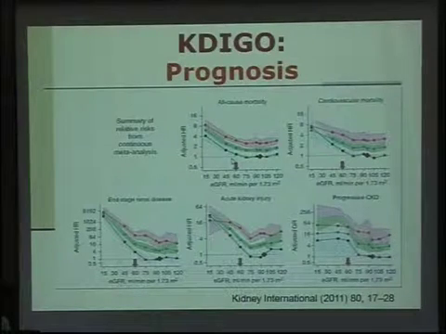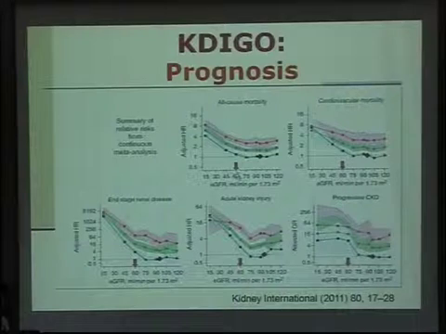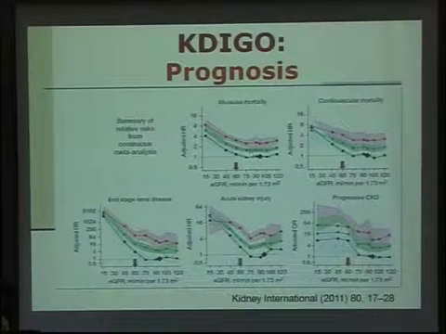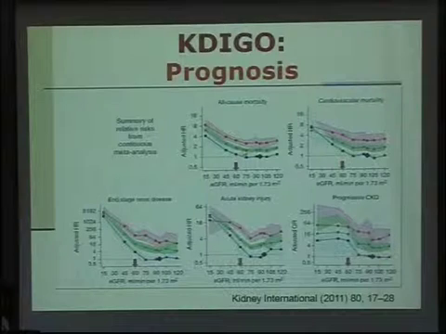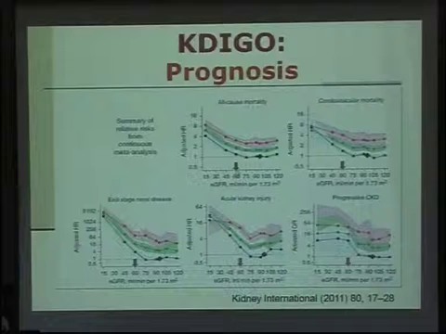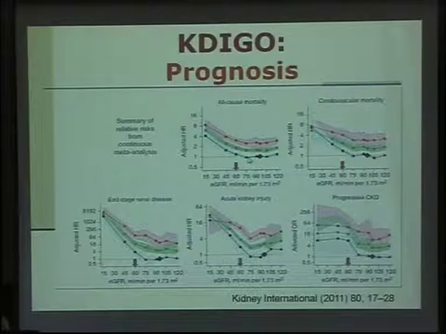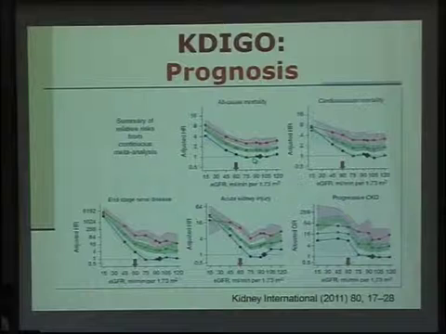If estimated GFR is above 60 and no A2 or A3, the blue color reflects A1, green color A2, red color A3. So if you are dealing with estimated GFR above 60 and no pathological albuminuria, the risk is the same as control. So there is no added risk.